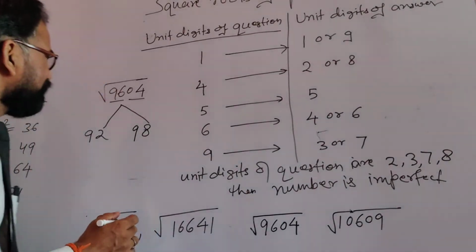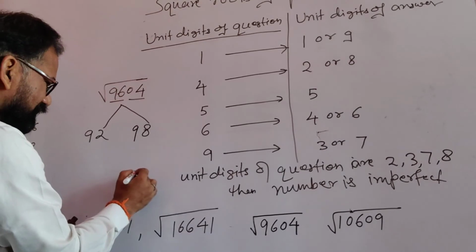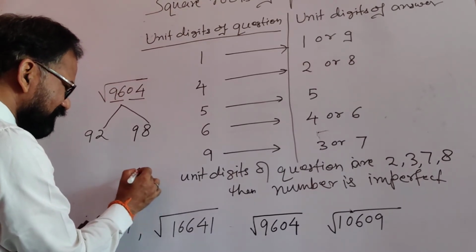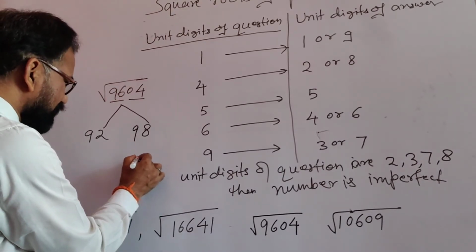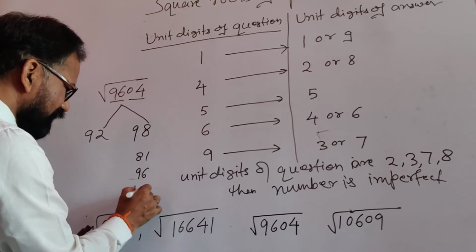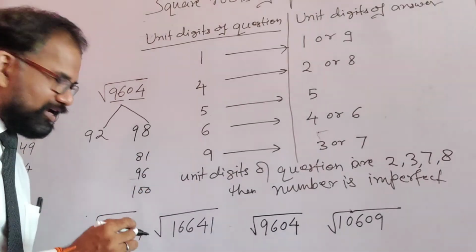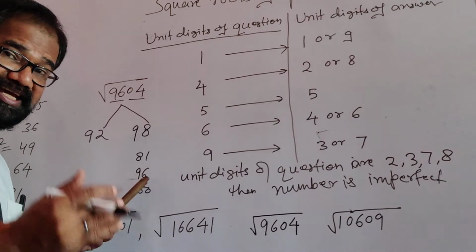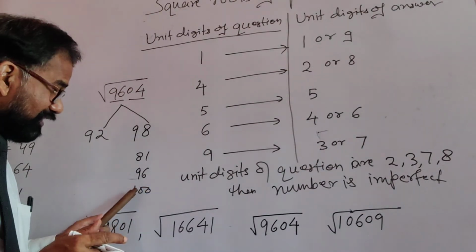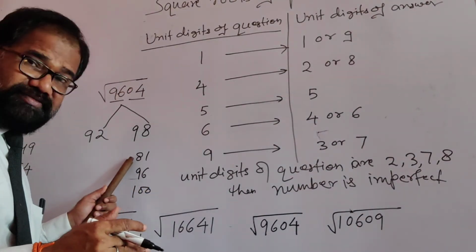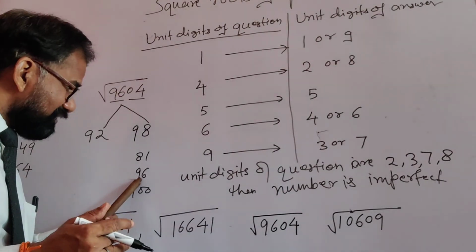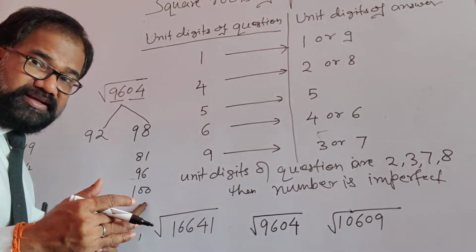Next step. Now 96 is in between two perfect squares, that is 81 and 100, right? 96 is nearer to which number, 100 or 81? No doubt 96 is nearer to 100.